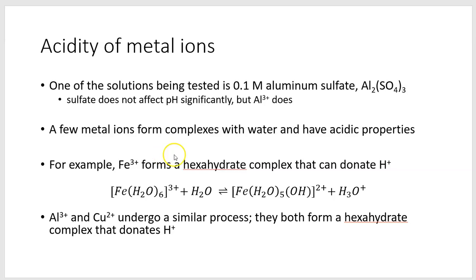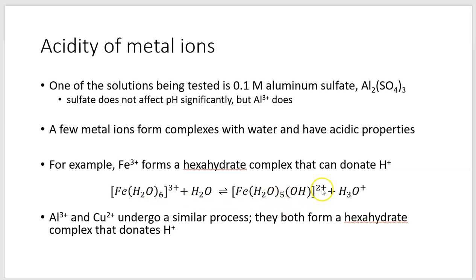What happens is they form a complex, often a hexahydrate complex. There are 6 waters around the iron, and the charge is spread out over the entire complex of iron and water molecules. This thing can act a little bit like an acid because it will set up an equilibrium with water where one of the waters of the complex can donate its H plus to the water.